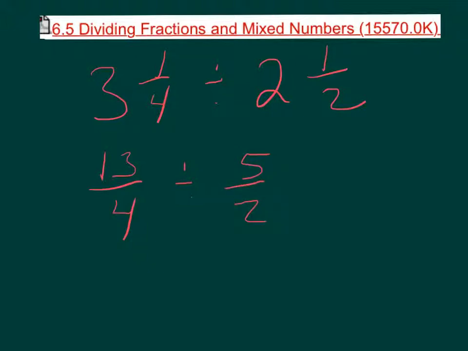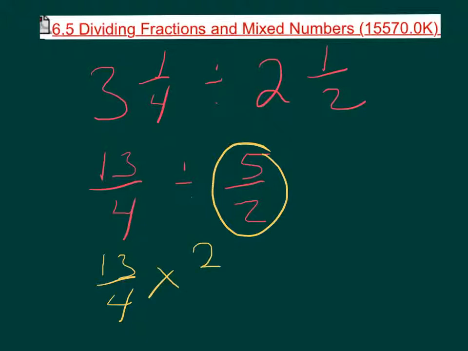And just like we learned in the last section, when we divide fractions, whether they're proper or improper, you multiply by the reciprocal. Okay? So it's going to be 13 over 4 times the reciprocal of 5 over 2. So I'll write that again. So it's 13 over 4 multiplied by the reciprocal of 5 over 2, which is 2 over 5.